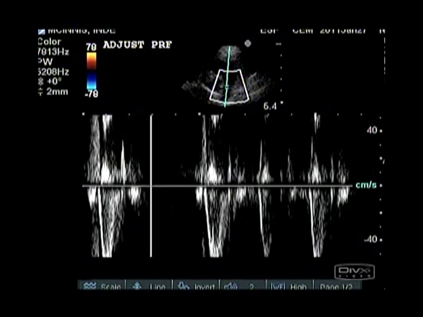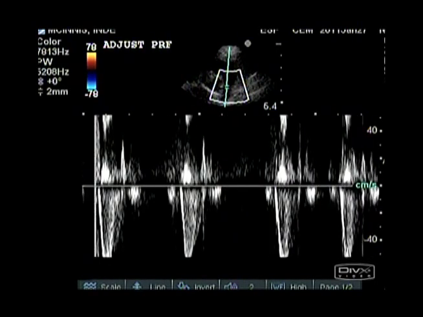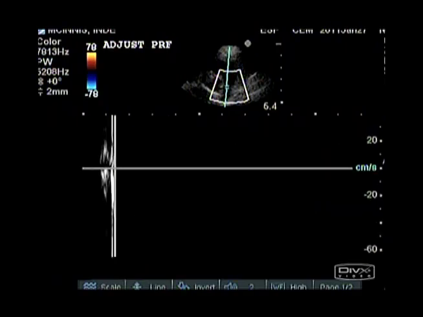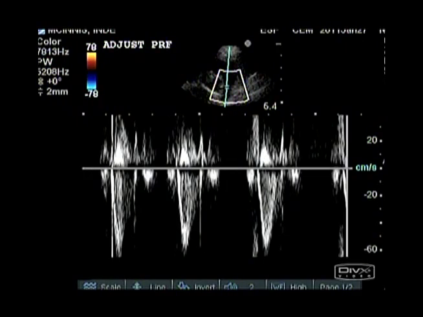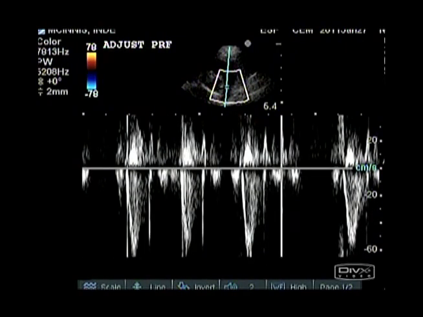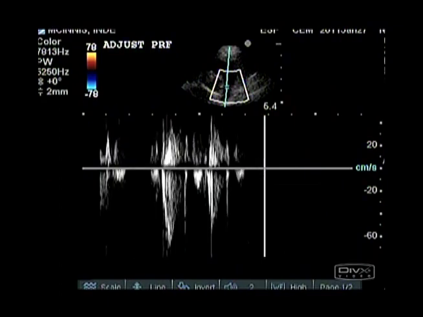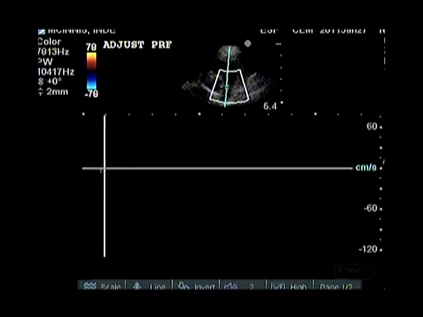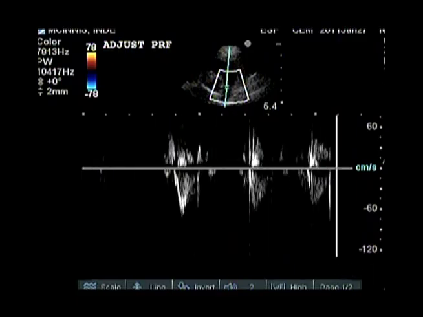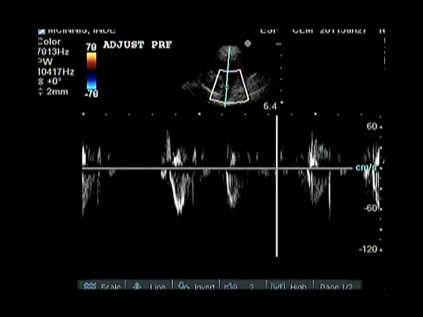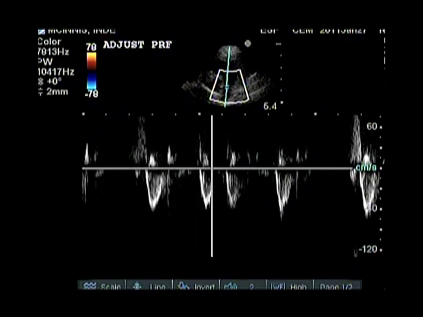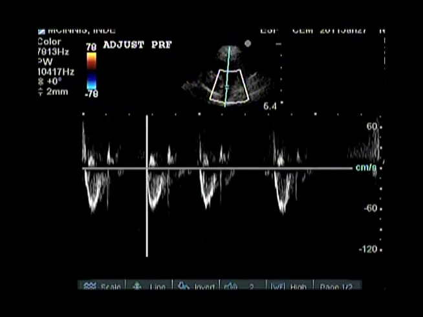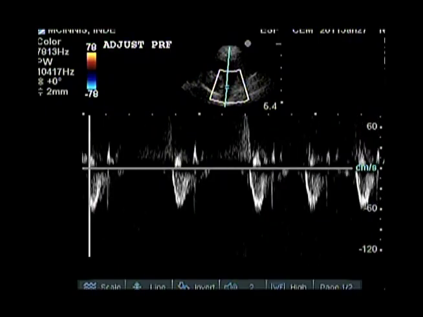If wraparound or aliasing is still present, you must increase the PRF. PRF is pulse repetition frequency, or the number of sound waves sent out by the transducer per second. Increasing the PRF increases the scale of measurement in spectral Doppler.